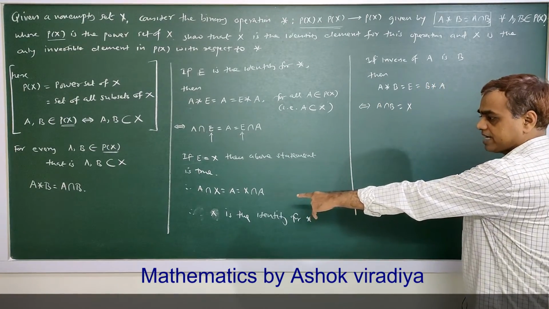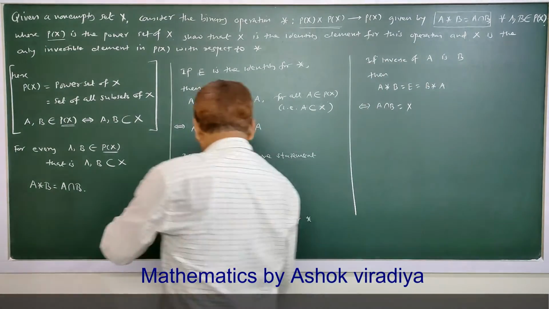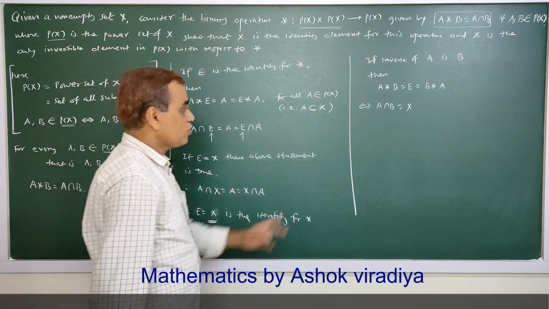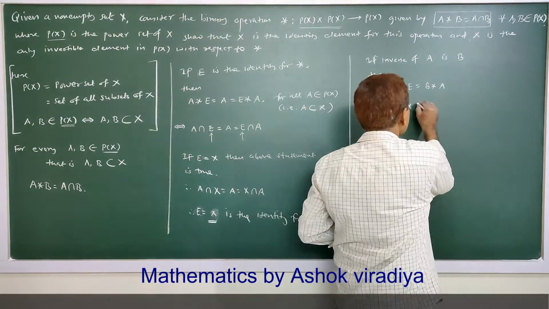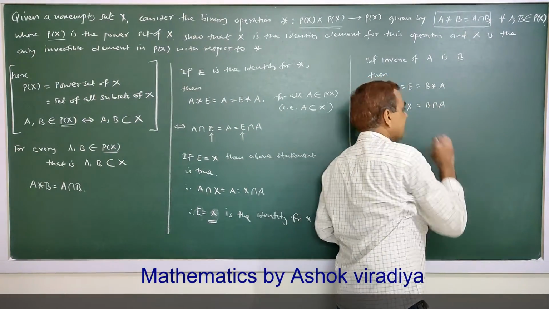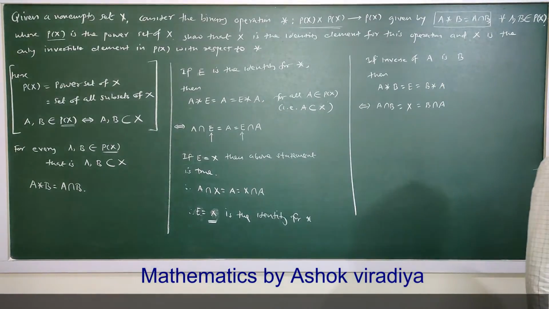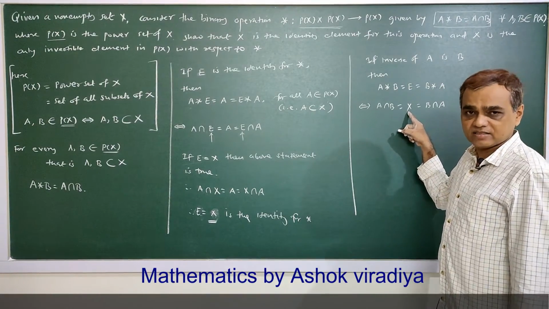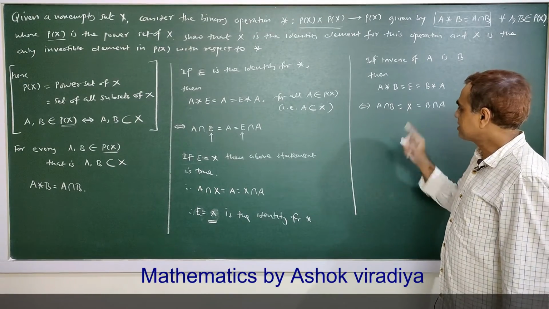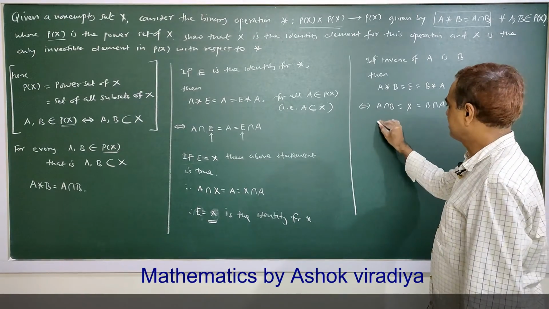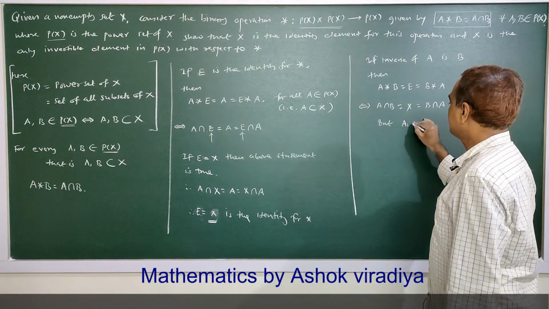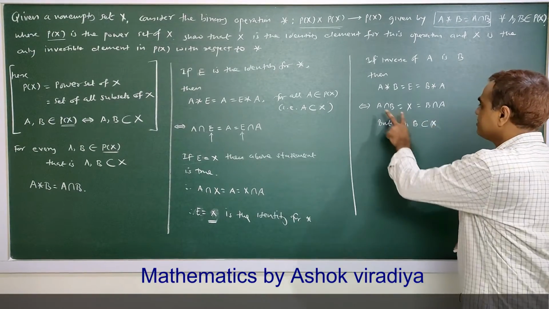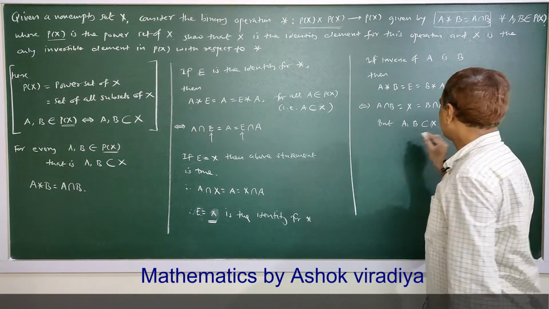E is X. E equal to X is the identity element. So A intersection B is X equal to B intersection A. Now see, X is the universal set, the biggest set. A and B are subsets of X.